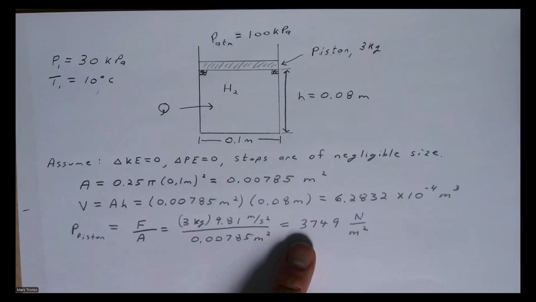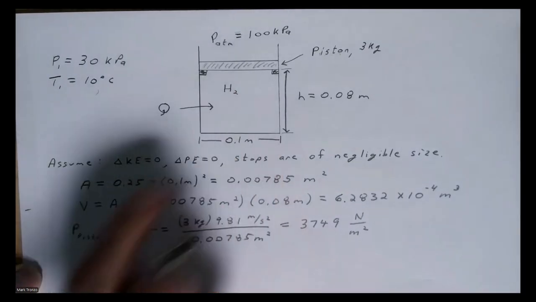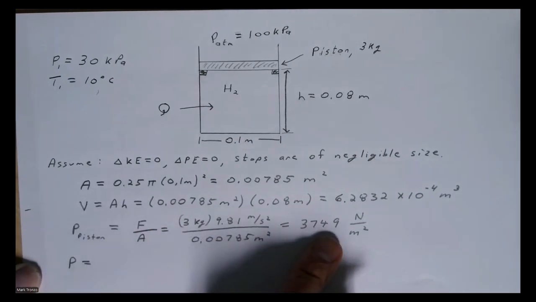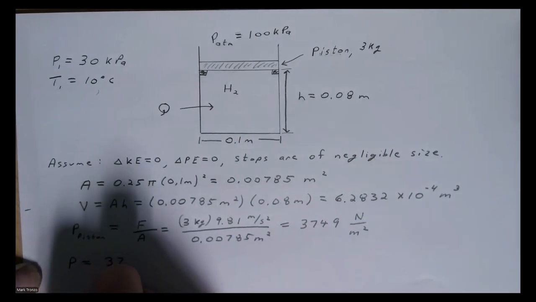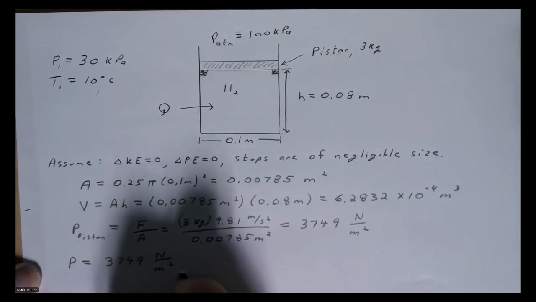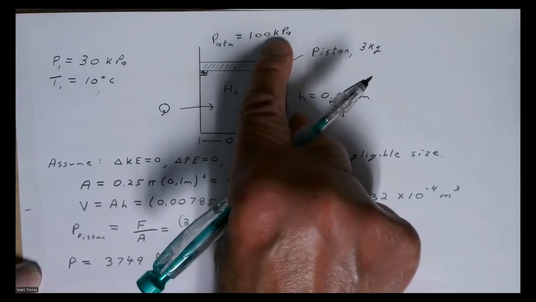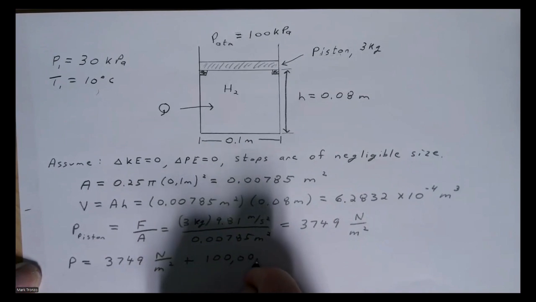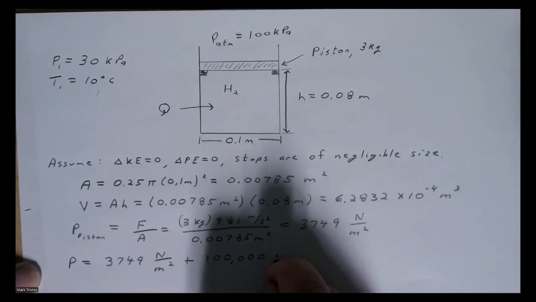And that comes out to 3749 newtons per meter squared. So that means the total pressure required to lift the piston off is going to be this pressure plus atmospheric pressure. Now, 100 kPa is 100,000 pascals.